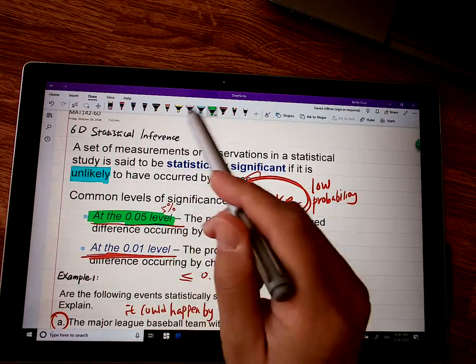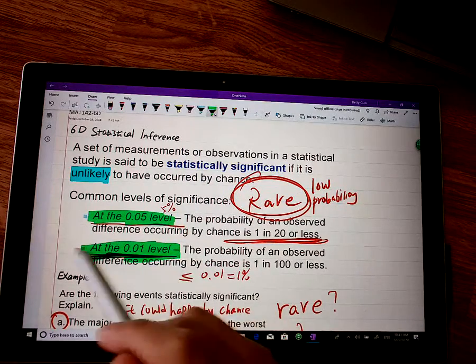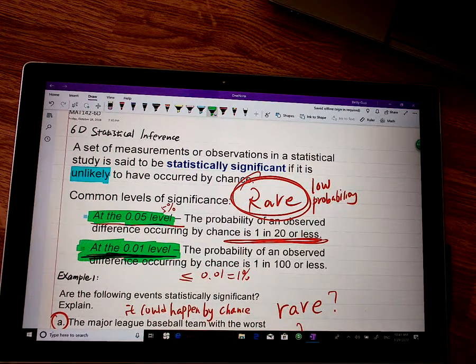Okay, of course, we can change the criteria. Depends on how you decide the criteria. Of course, you won't say 80%. That is not rare. Okay, 80% is like a majority. Of course, the percentage is going to be low. But how low? Normally, we use 5% or 1%. Those are commonly used criteria.